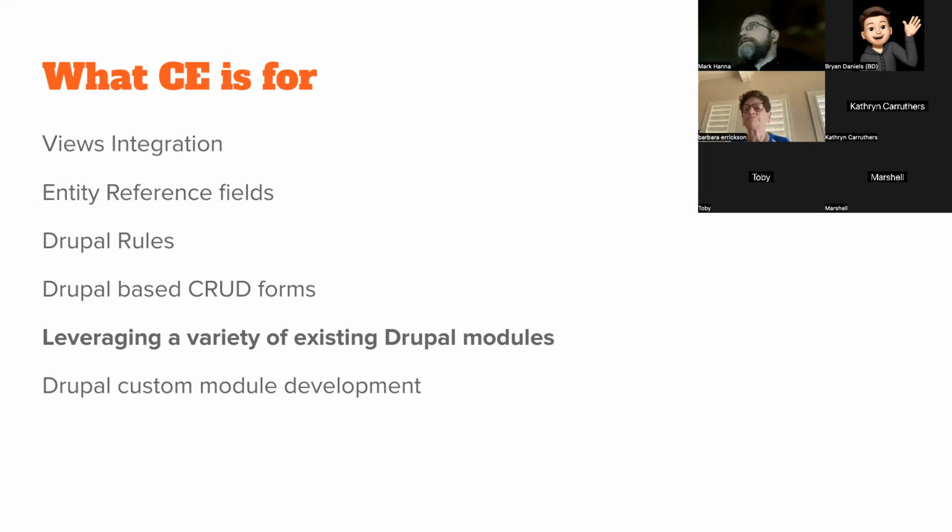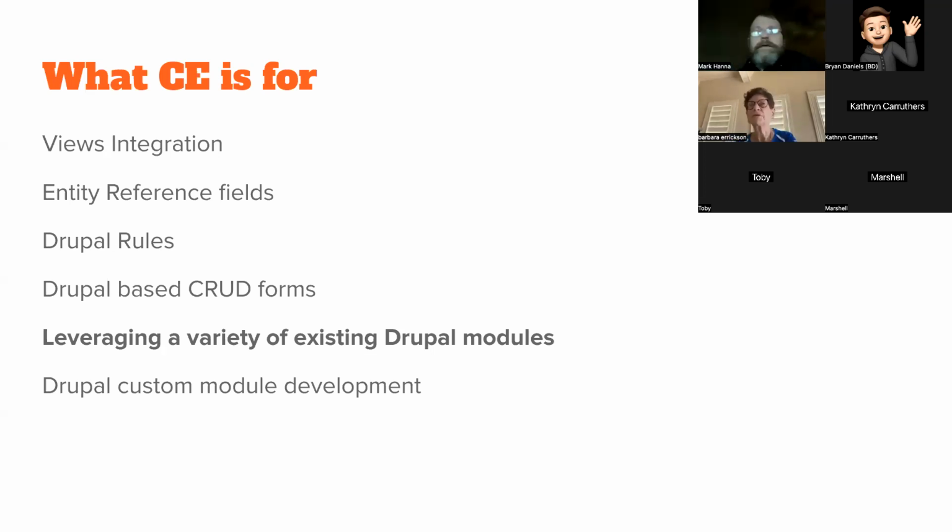Okay, what is CiviCRM Entity for? I would say the majority of people use it for Views integration. As of the Drupal 8 version, the standard Views integration for CiviCRM is provided by CiviCRM Entity. Many other uses, and I'd say most uses, involve referencing CiviCRM data.